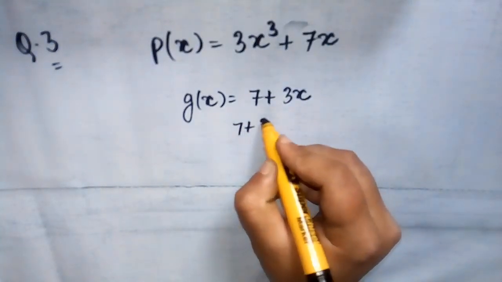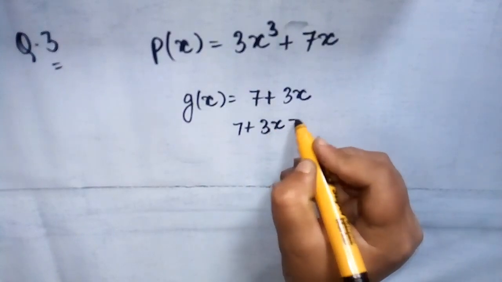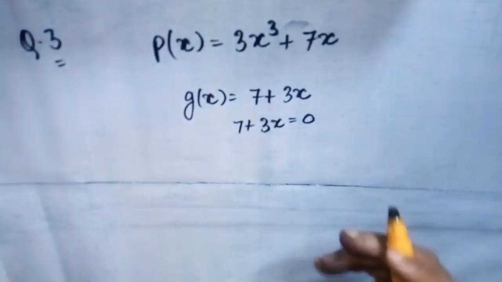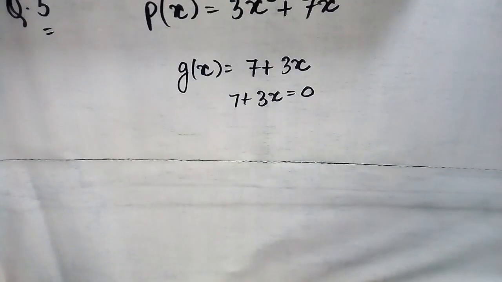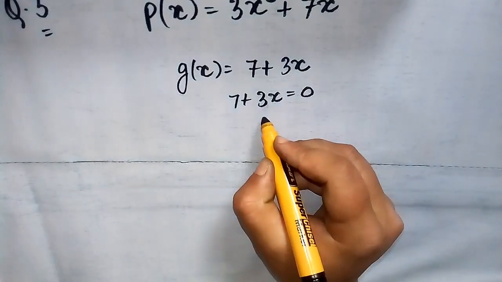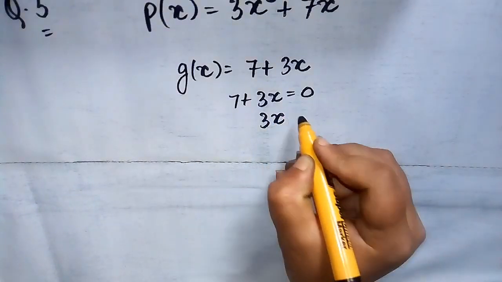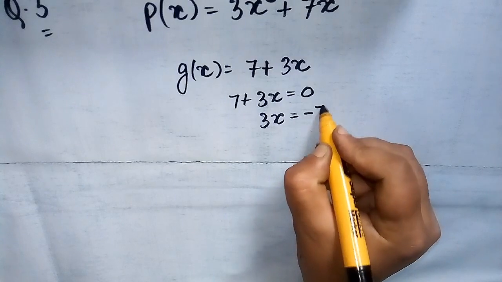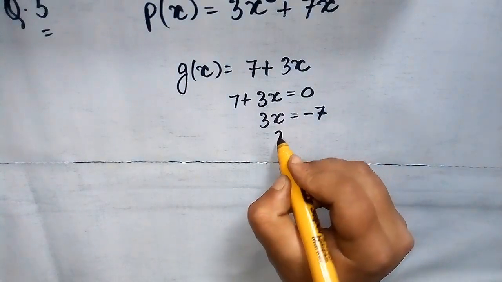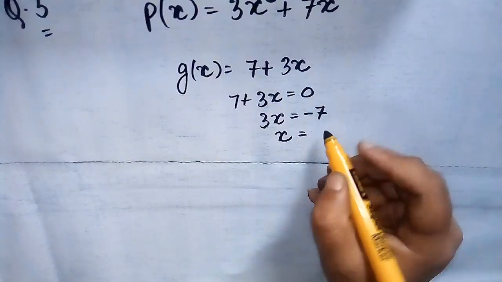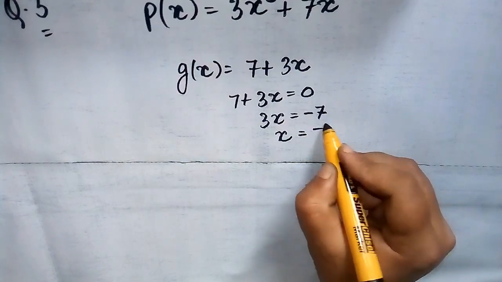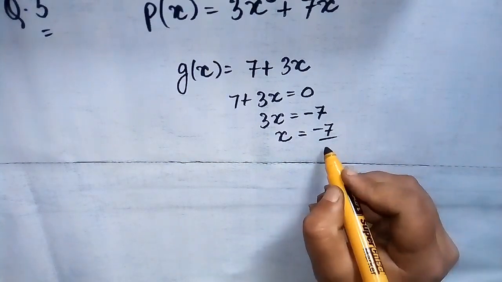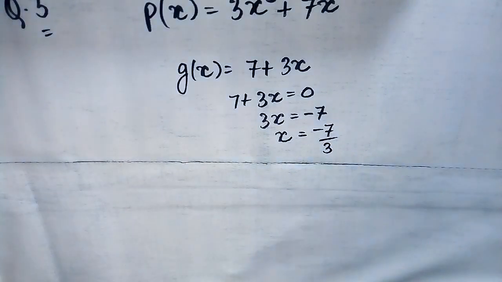So first of all, take 7 plus 3x, that is g(x), equals 0, because it is the divisor, and from here you have to find the value of the variable. So take 7 to the right side, it will become minus 7 and x will become minus 7 upon 3. 3 is in multiplication, it will go in division.